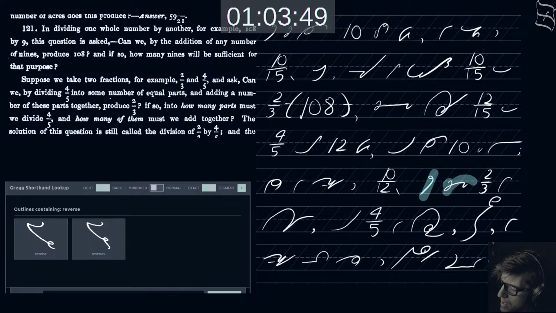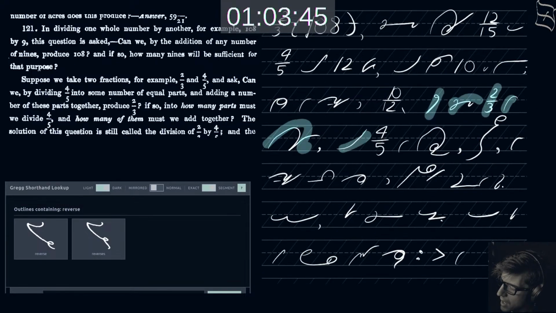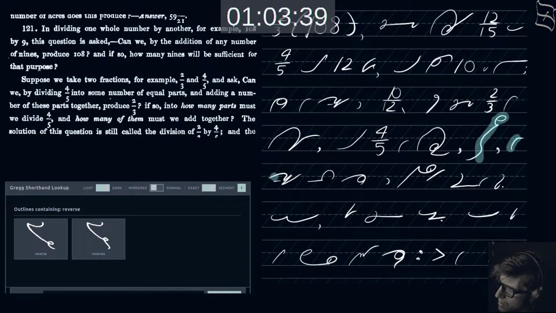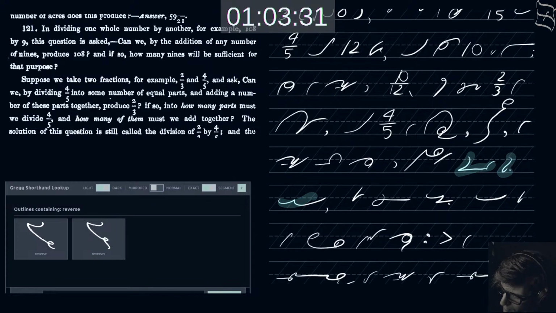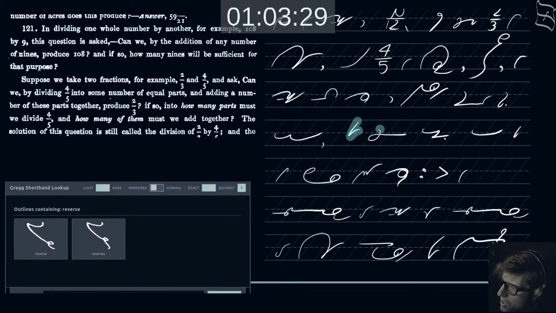If we call 2/3 the dividend and 4/5 the divisor, as before, the quotient in this case is derived from the following rule, which the reasoning will show to apply to other cases.